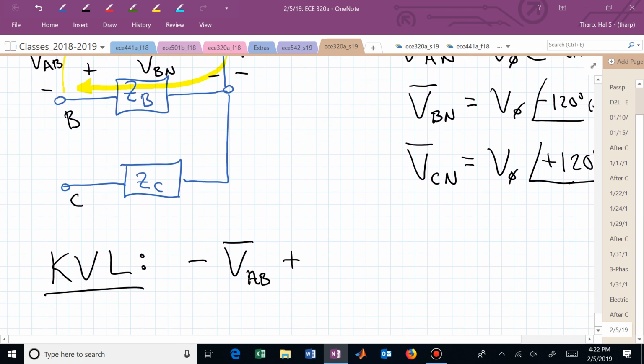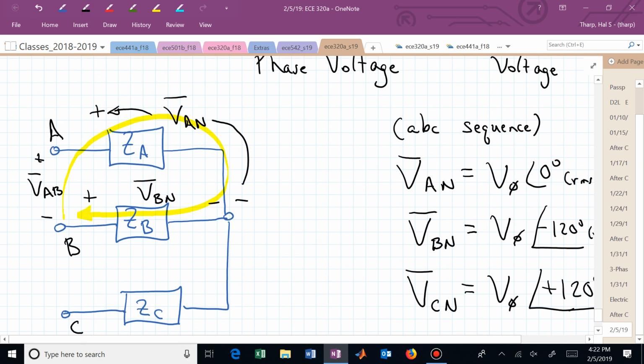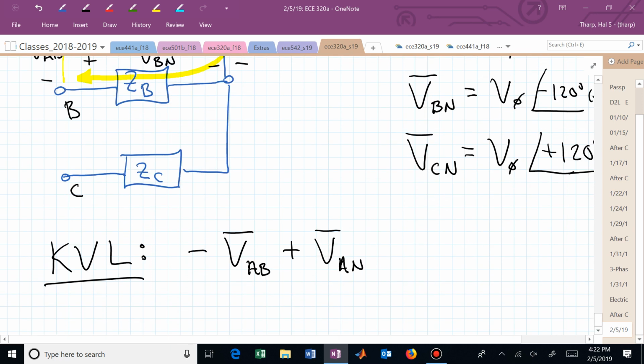So I have minus V sub AB plus V sub AN, then minus V sub BN, and I'm back to where I started, and that's equal to 0. That's simply KVL at the Y.